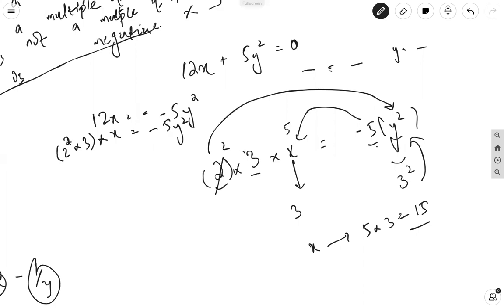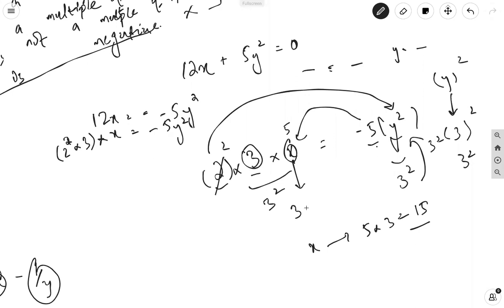But we have 3 on the left side, and we must also have 3 on the right side. On the right side, we have an integer square. If y is 3 or a multiple of 3, it must be a square of 3. So to accommodate 3 square, there must be at least one more 3 in x. That's why we will have 3 square on both sides.